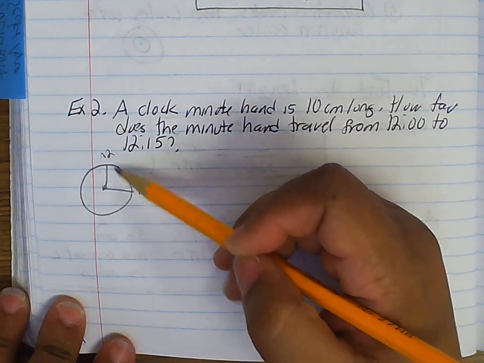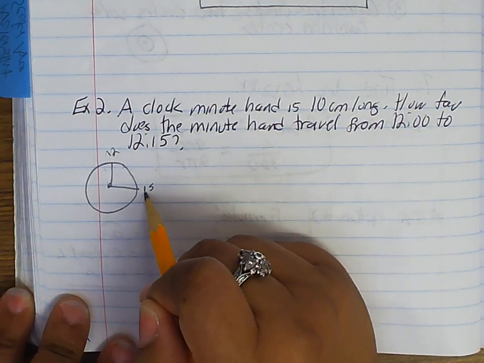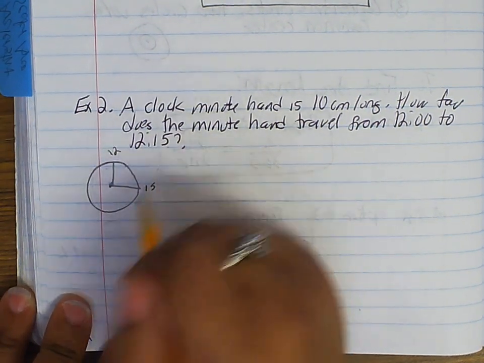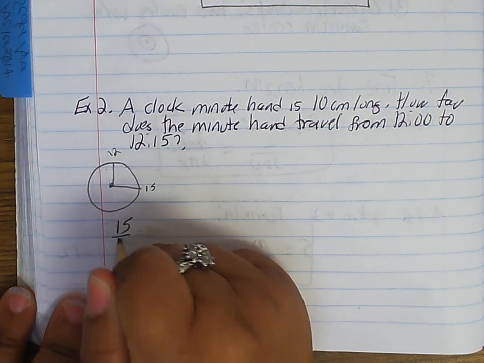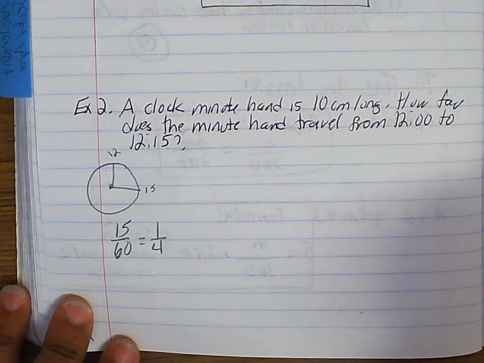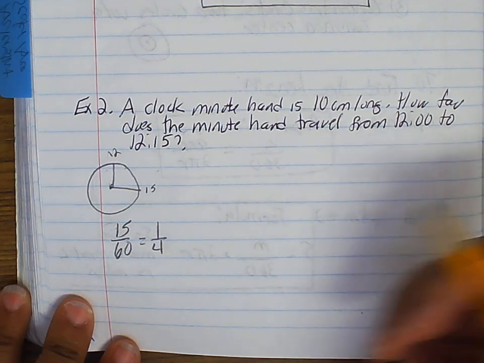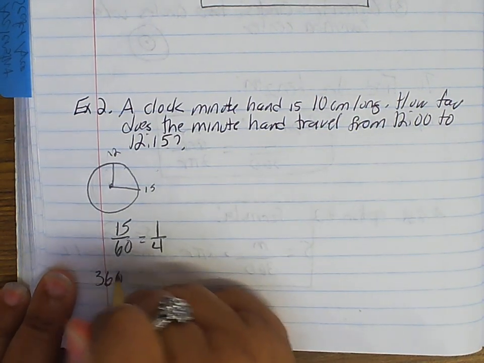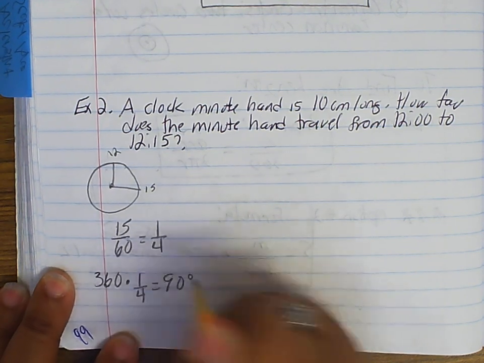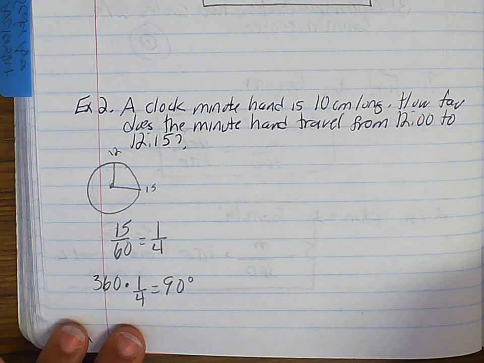If you have a circle, you can see that this is 1/4. The clock is out of 60, so this is 15 minutes. 15 out of 60 turns out to be 1/4. To get the central angle, you take 360 times 1/4, and it gives you 90. So that's our central angle: 90.